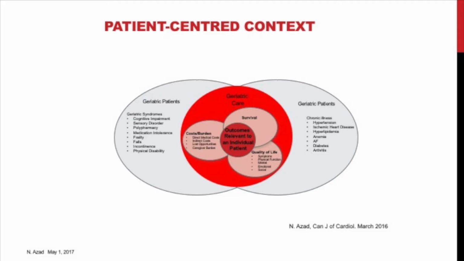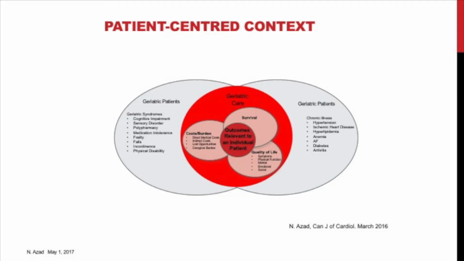Versus someone with a life expectancy of less than 3 years, where many of the medications and interventions are very inappropriate. And as I said before, quality of life is the cornerstone for this type of patients. Now, in general medicine, the way they look at these patients is based on the number of chronic illnesses they have.